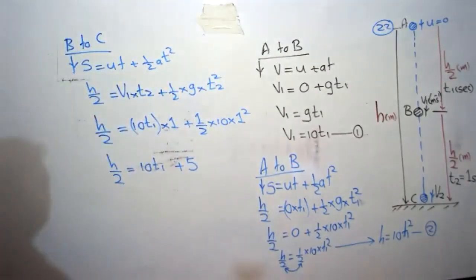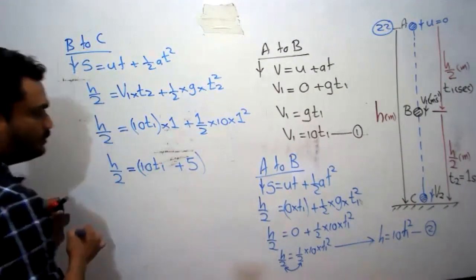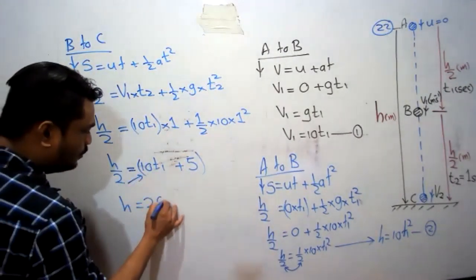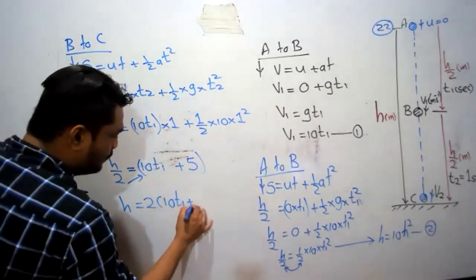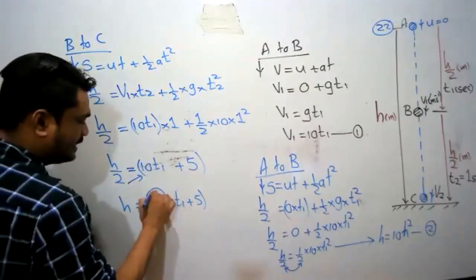So we have many equations. I put the bracket and take 2 to this side. So H equals 2 times (10T1 plus 5). If I want, I can remove the brackets.